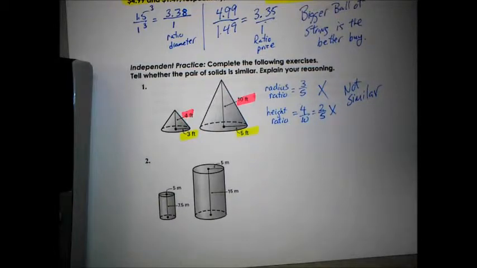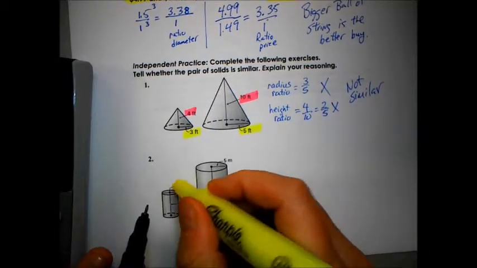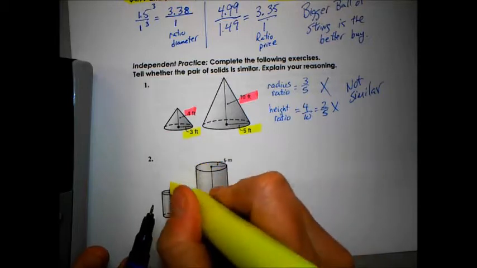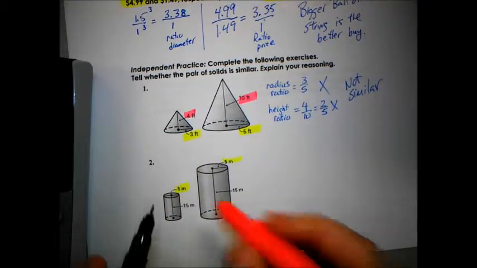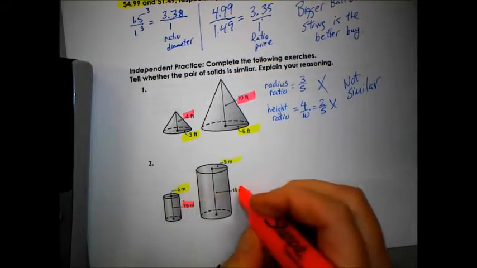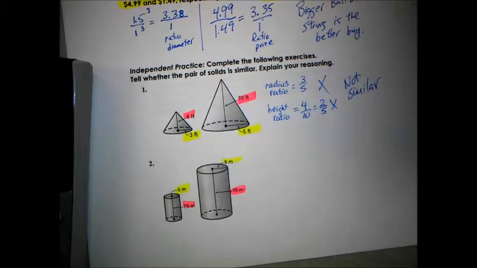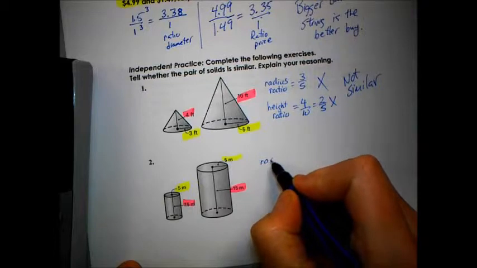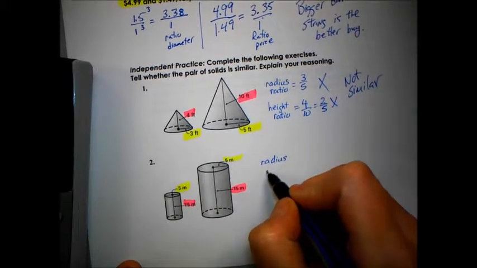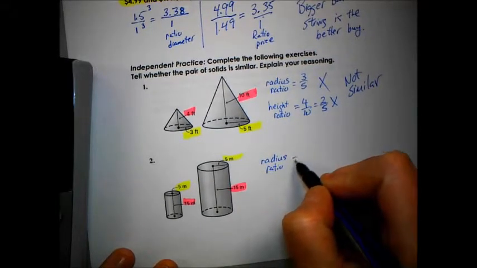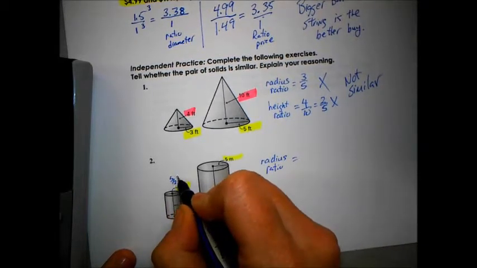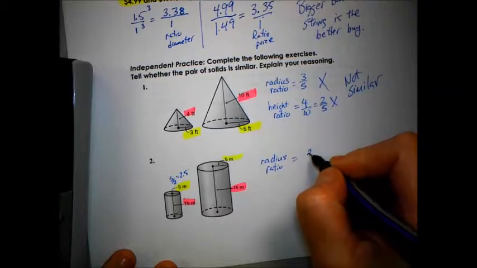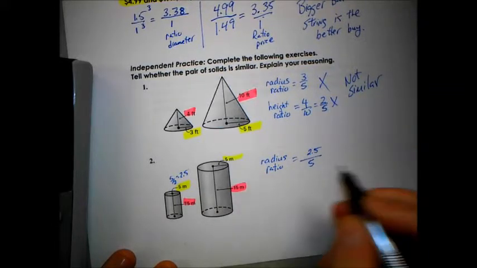If I look at the other one, okay, so I do the radius ratio again. I have to cut this in half because it's a diameter, so that would be 2.5 over 5.